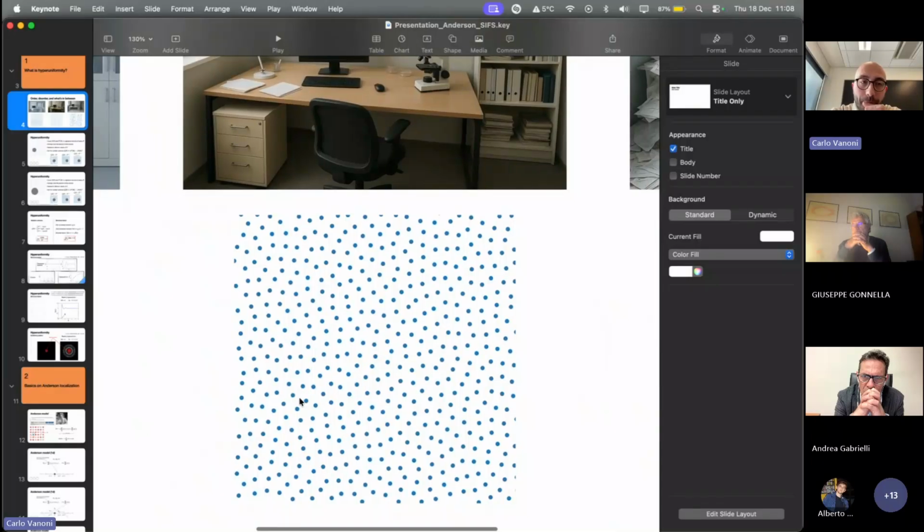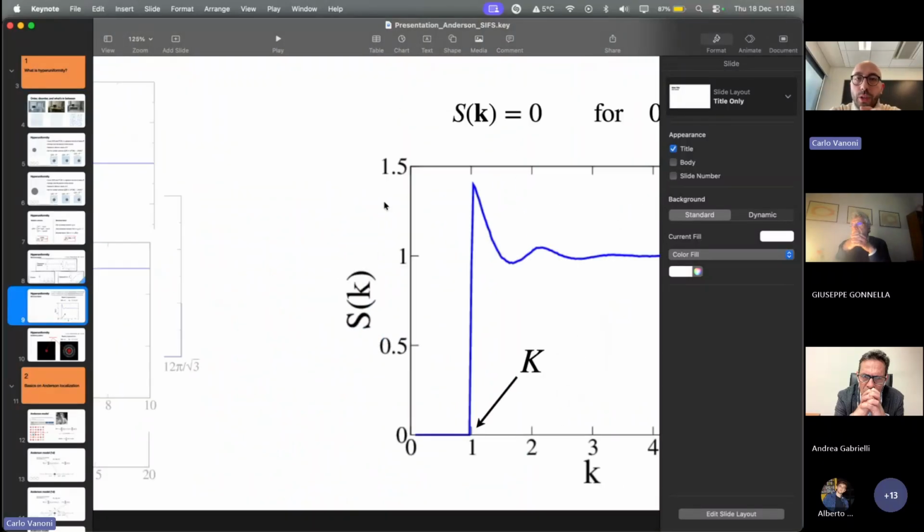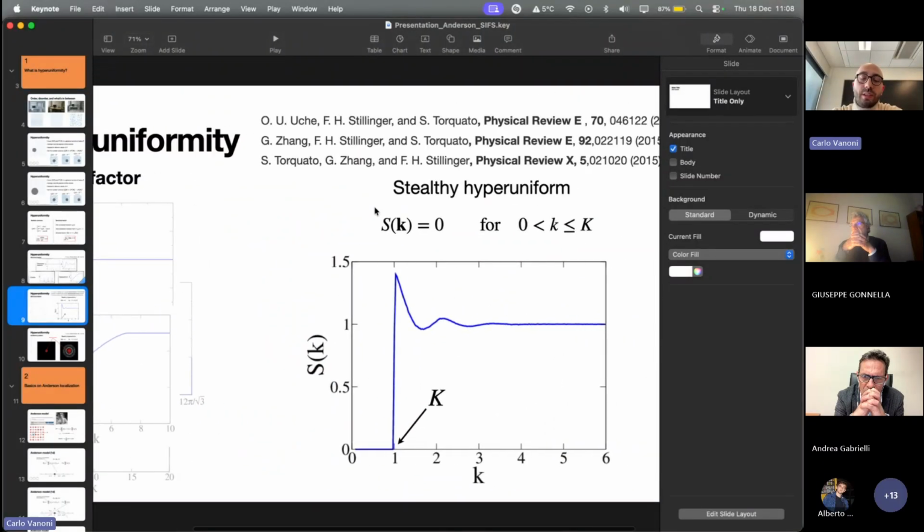And the way we do it is basically through gradient descent. So we start from a random initial point configuration, and then we assign a potential that contains the structure factor. So the potential is defined in Fourier space, and the potential is basically the sum of the product between S of k, the one that you would like to have, and a function which is non-zero only in the region where you want S of k to be 0.